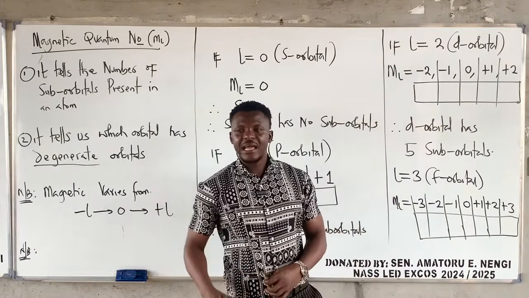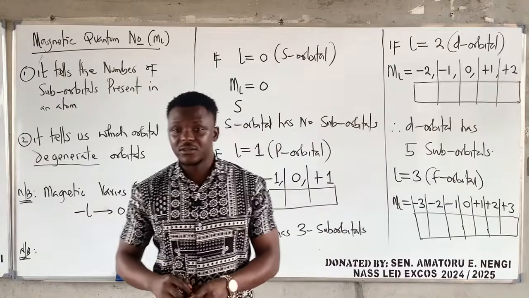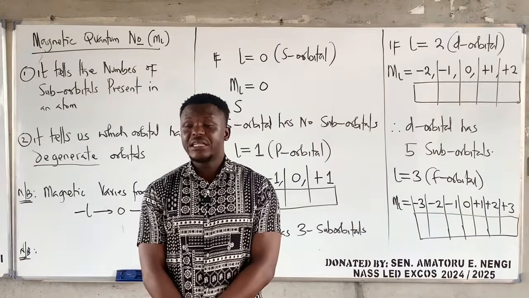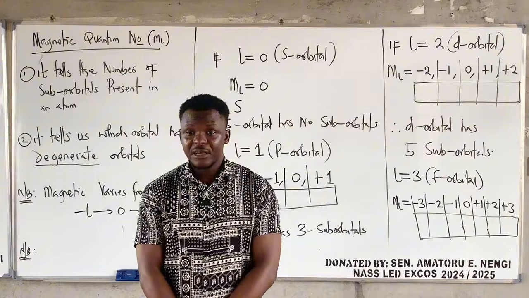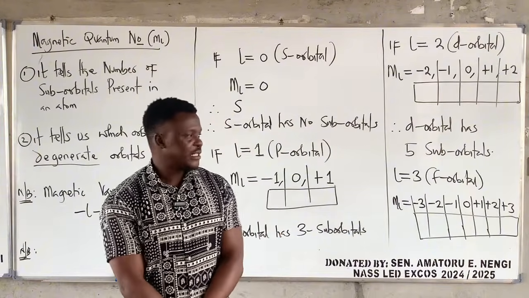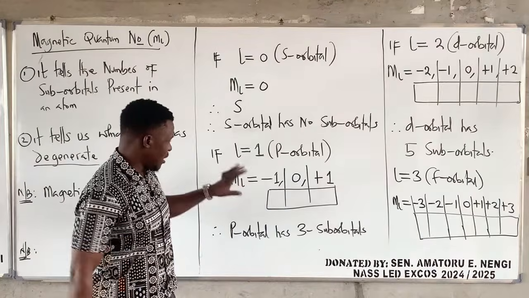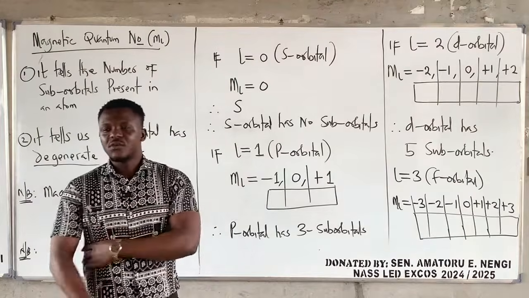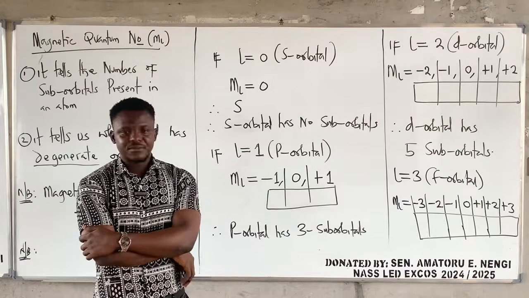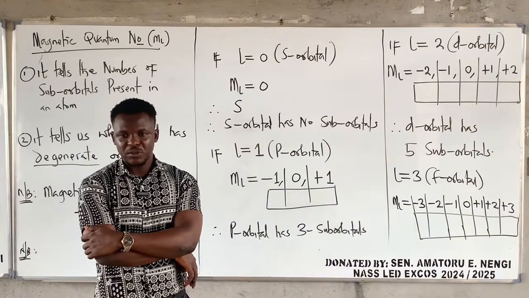It means that F orbital has how many suborbitals? 7. How many degenerate orbitals are present in F? 7. So that is basically how this thing works. With what we have done now, class, go back and check your past questions under quantum numbers. I don't think there's any question you see and you'll not be able to solve it.